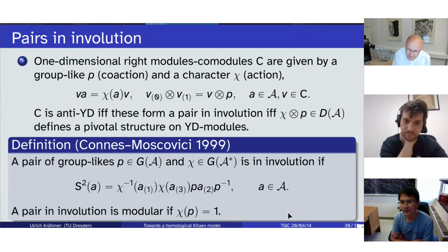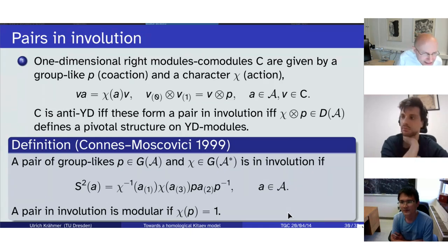Yes. In the case where you require p to be a square root, and also similarly for chi, then in the literature I think this condition on the Hopf algebra is called a doubly balanced condition. This is equivalent to the Drinfeld double of the Hopf algebra being a ribbon category, I think.